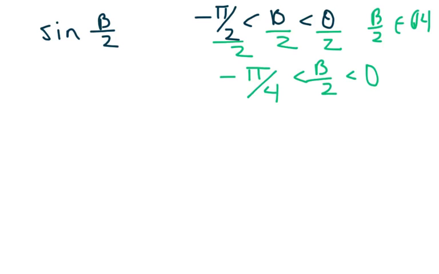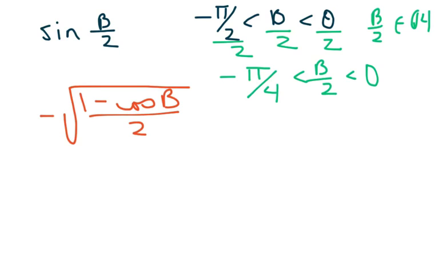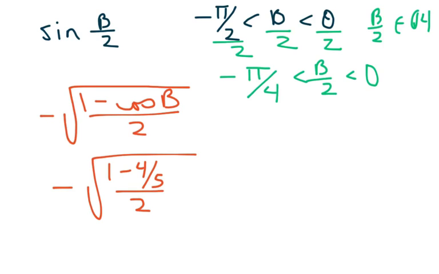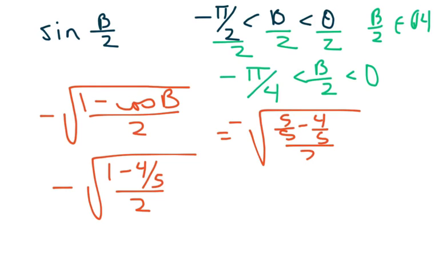Since it belongs to quadrant 4, and my sine is negative in quadrant 4, I'm going to use this formula, negative square root of 1 minus cosine of beta over 2. The cosine of beta is 4/5, so I get negative square root of 1 minus 4/5 over 2, which equals, don't forget your negative, square root of 5/5 minus 4/5 over 2, which equals square root of 1 over 10.